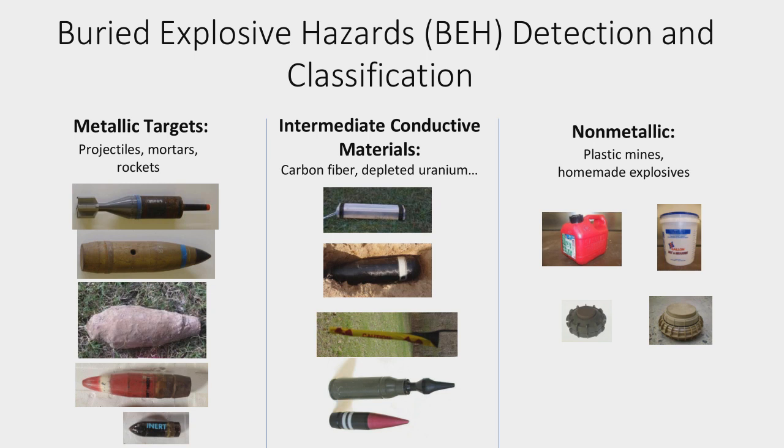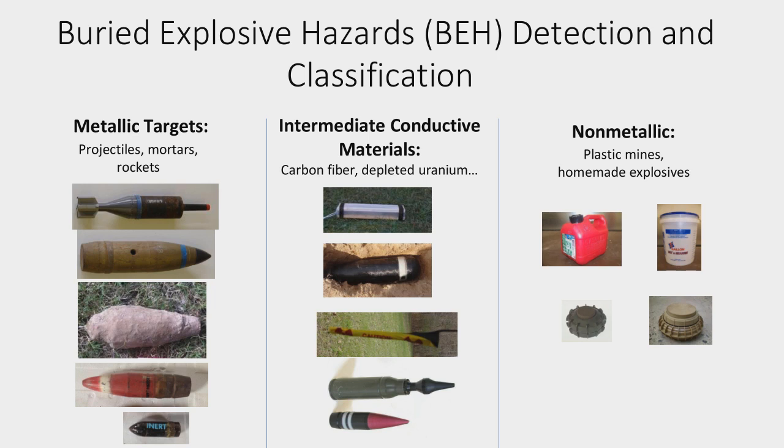So when we talk about buried explosive hazards detection and classification, as a first step, we take a range of targets and divide them into three main categories. First are metallic targets, where we have projectiles, mortars, rockets of different sizes and shapes.